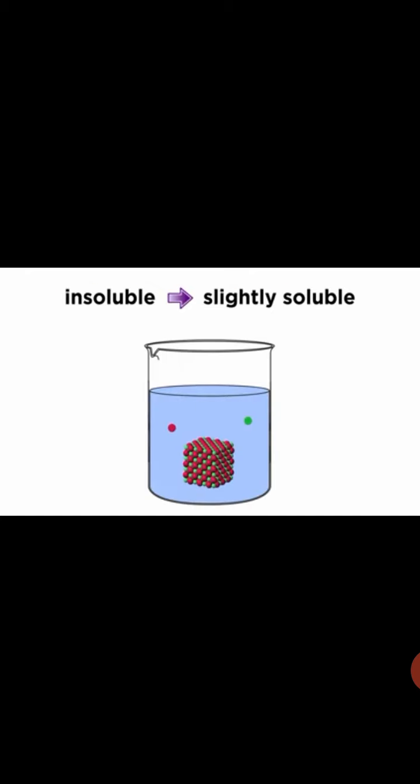This will dissociate into 5 calcium ions, 3 phosphate ions, and a hydroxide ion. So the solubility product expression will look like this. In this way, a number of ionic compounds that we previously deemed insoluble should actually be categorized as slightly soluble.